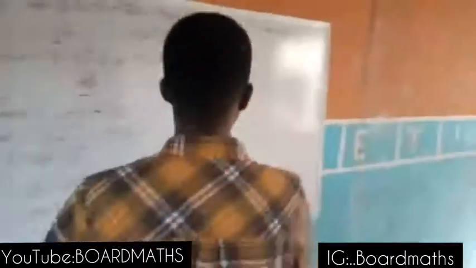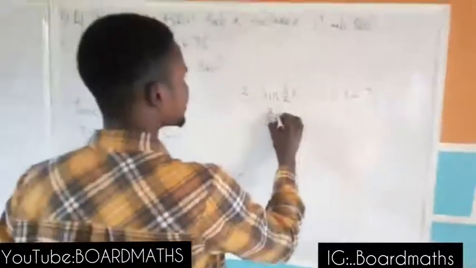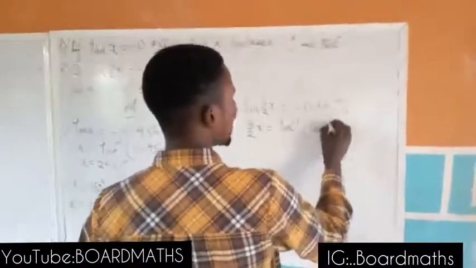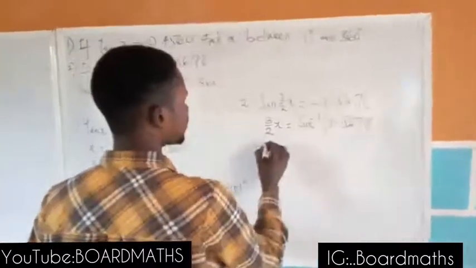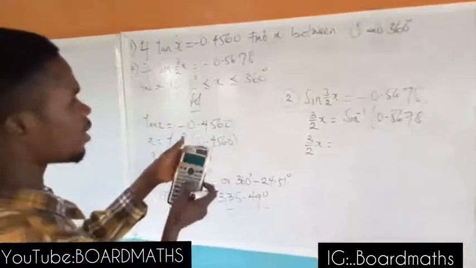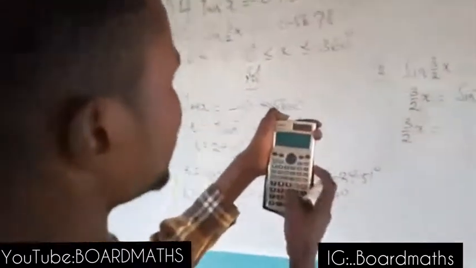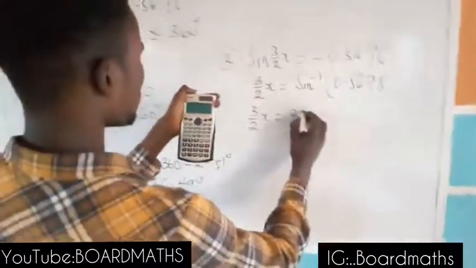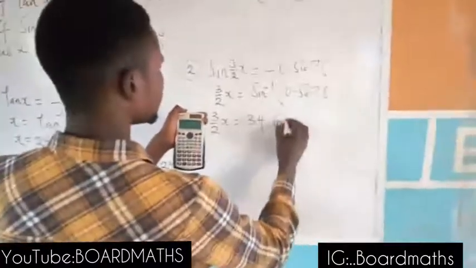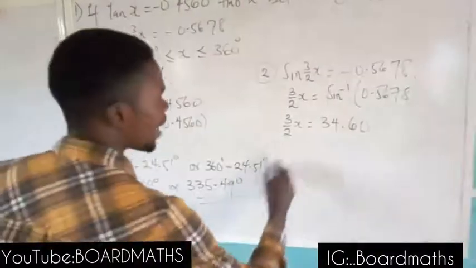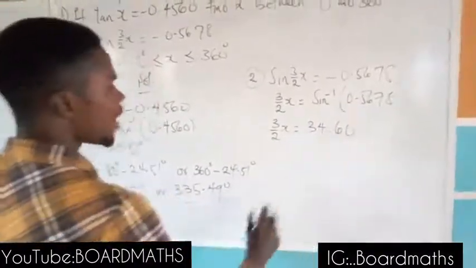So we can have 3 over 2 x is equal to the inverse sine of 0.5678. So the inverse sine of 0.5678 is 34.60, to 2 decimal places.